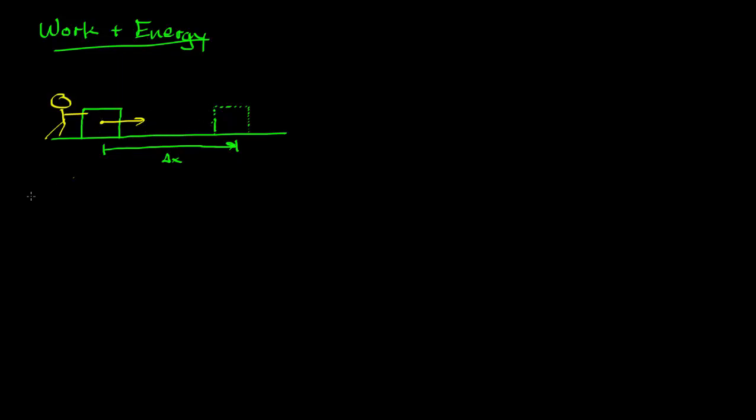So a couple things. I guess first we can just define work, what it is. So work is going to be defined as any parallel force or component times the displacement. That's it. So this force you can see is being applied parallel. It's parallel or anti-parallel to the displacement.